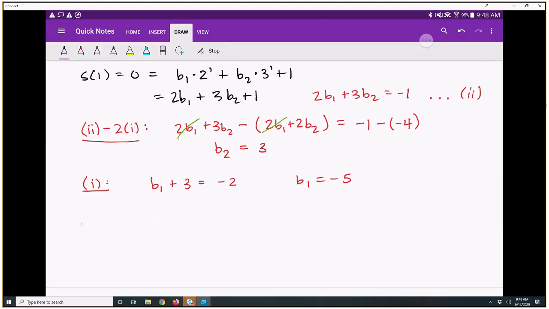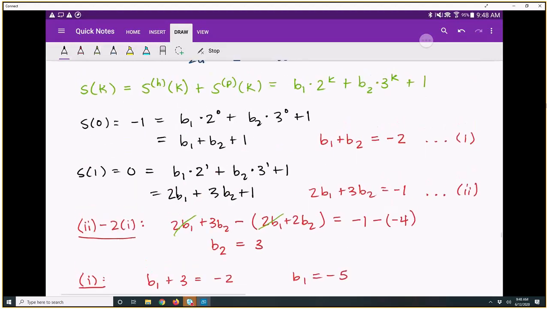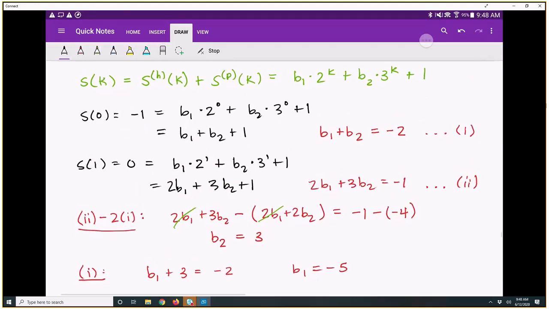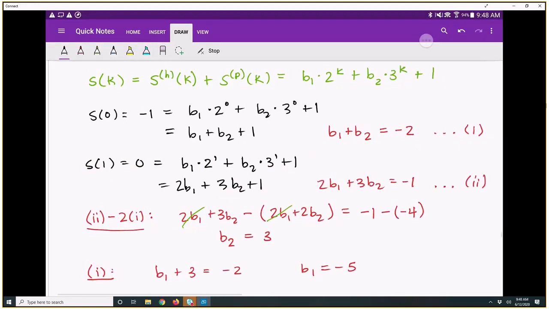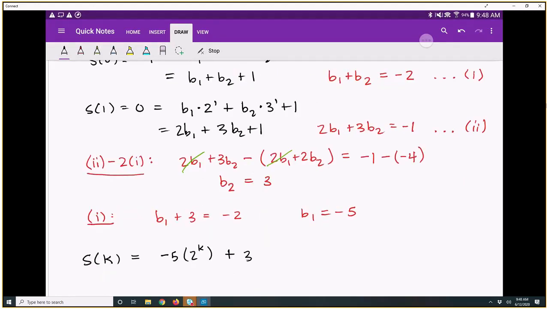So now I'm ready to write the solution to the recurrence relation. I had s of k equal to b1 times 2 to the power k. So that's -5 times 2 to the power k plus b2 times 3 to the power k. That's 3 times 3 to the power k plus 1.